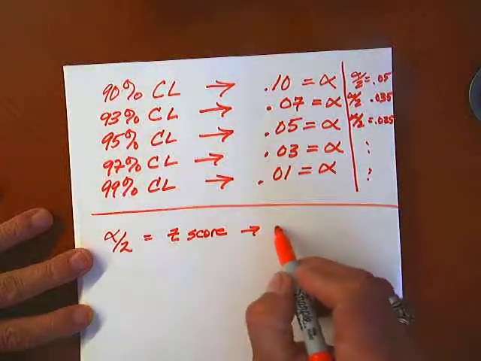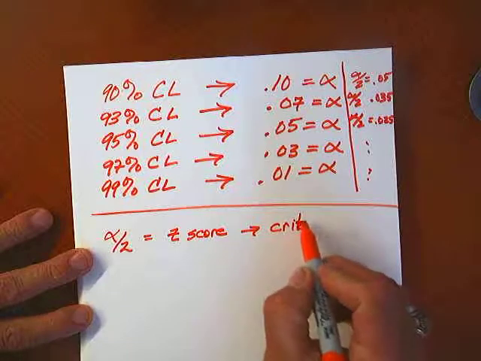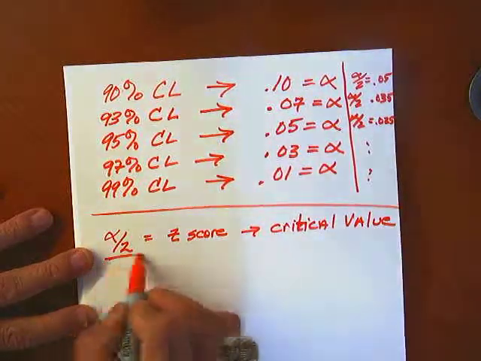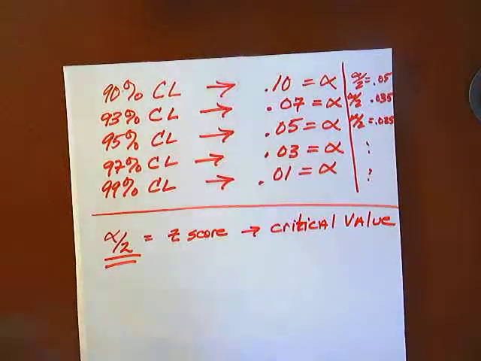And that's where you get your alpha over 2. So alpha over 2 will be used to find your z-score for your critical value. So make sure you make a note of that.